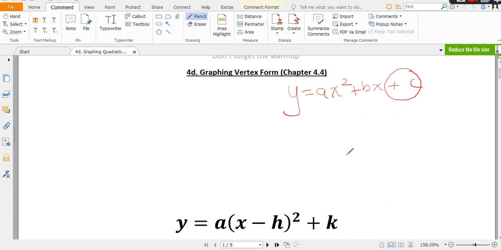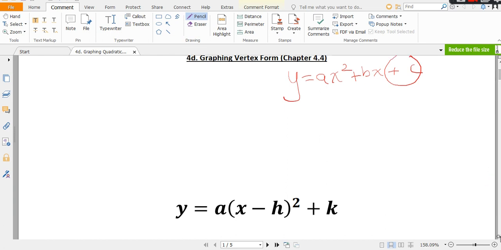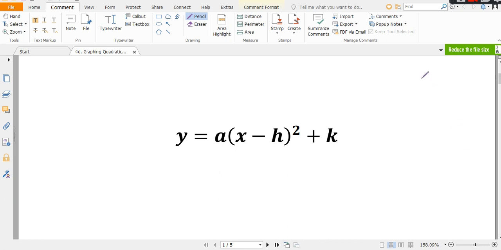The vertex form, as the name implies, tells us our vertex, which is either the minimum point, the lowest point, or the highest point of our parabola.